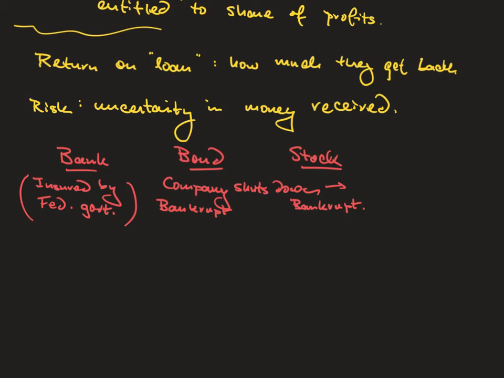And then the final risk of owning stocks is that there's an uncertain return or uncertain profit. With bonds, there is certainty: this bond promises it's going to pay $100 every year for the next 10 years. So that comes with certainty.